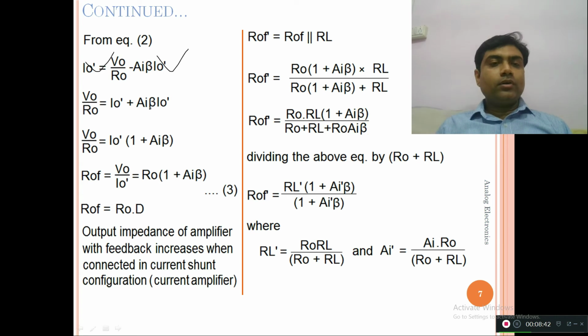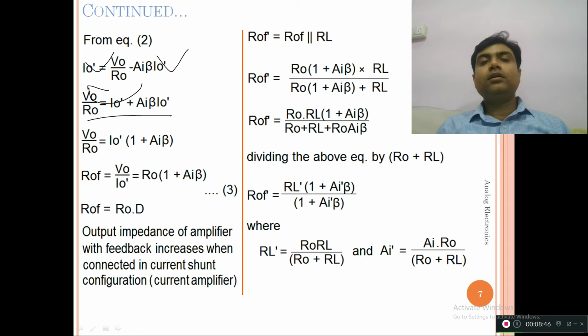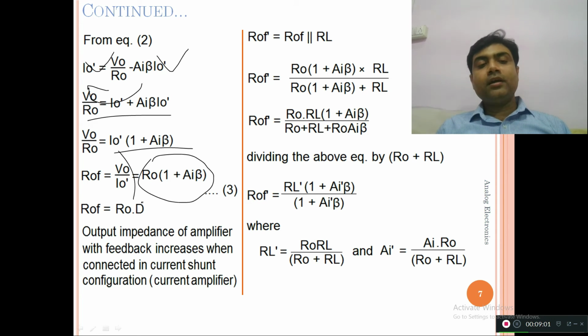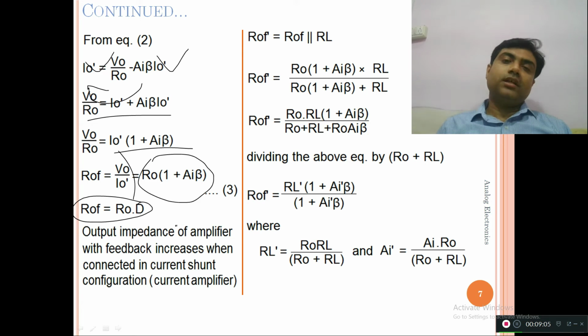So the I naught dash terms we can transfer here and calculate the value of ROF. Here I naught dash is common, so it can be transferred over here, and we can calculate the value of ROF as RO into 1 plus AI into beta. So ultimately ROF equals RO into D, and D is the sensitivity factor.